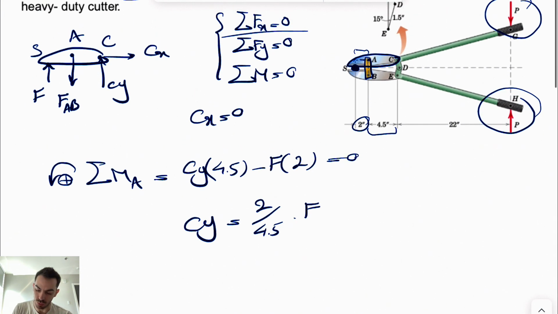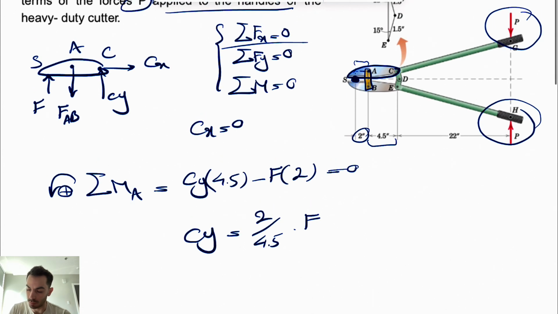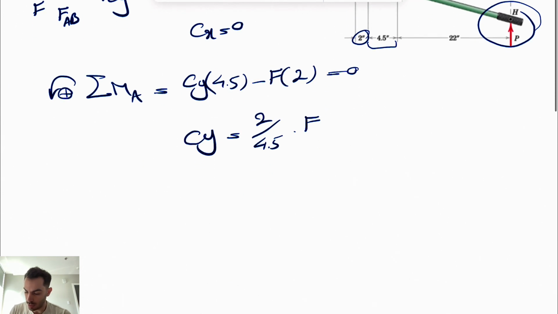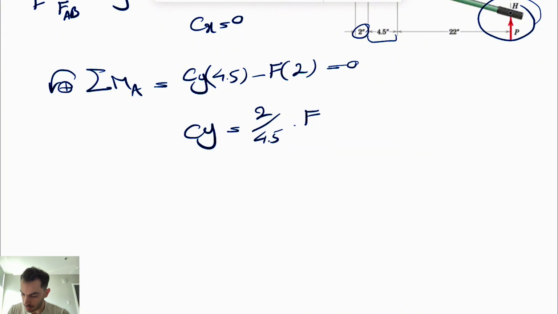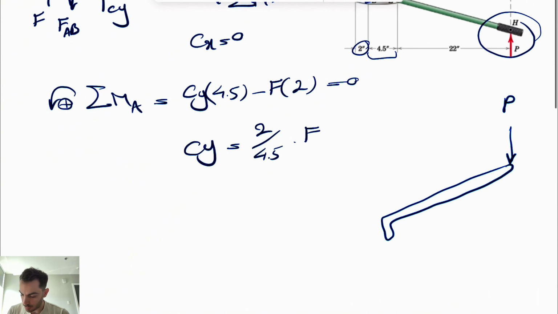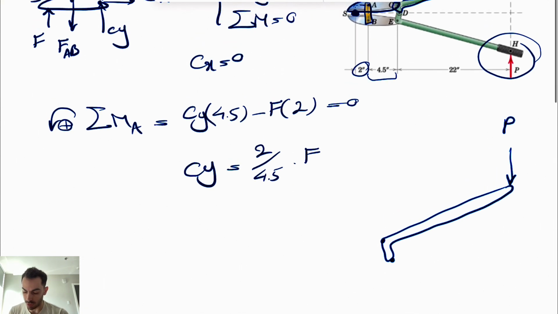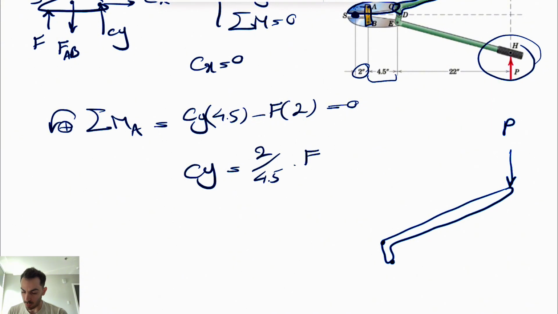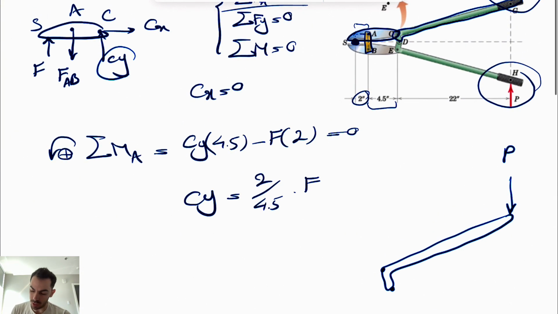We're going to move on to the handle part where the P is applied. We are trying to draw the free body diagram for this part now. We're going to have the force P in here, and we have these two points, C and D. We figured that Cy is in the correct direction, so it will be upward in here.